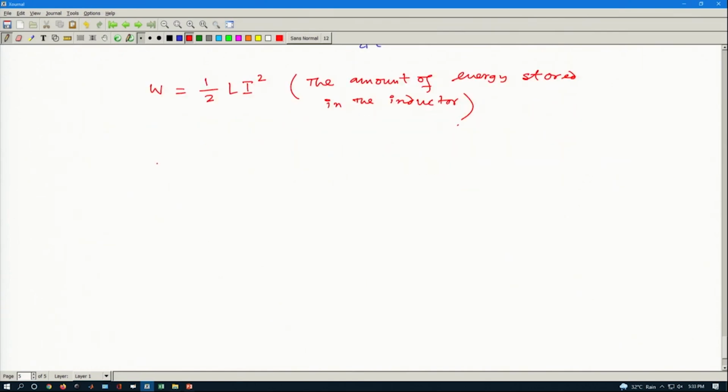Okay. Now, I have L I is equal to the flux phi B, and that quantity I write in terms of B dot dS, and again B dot dS I can write in terms of the vector potential A, like curl of A dot dS, and this flux eventually I can write in terms of A, like A dot dl.